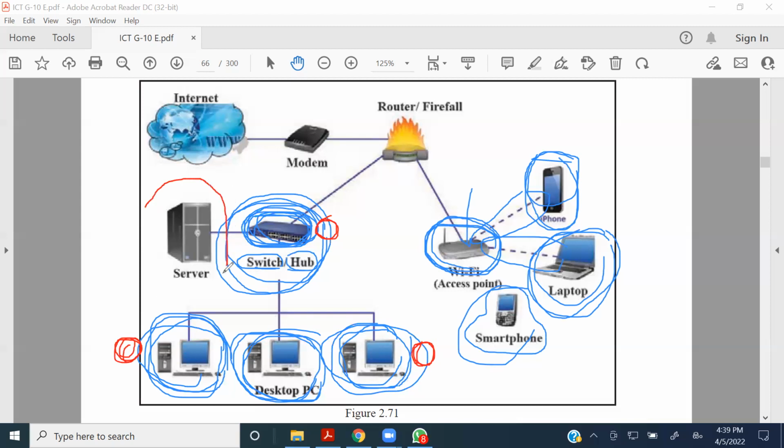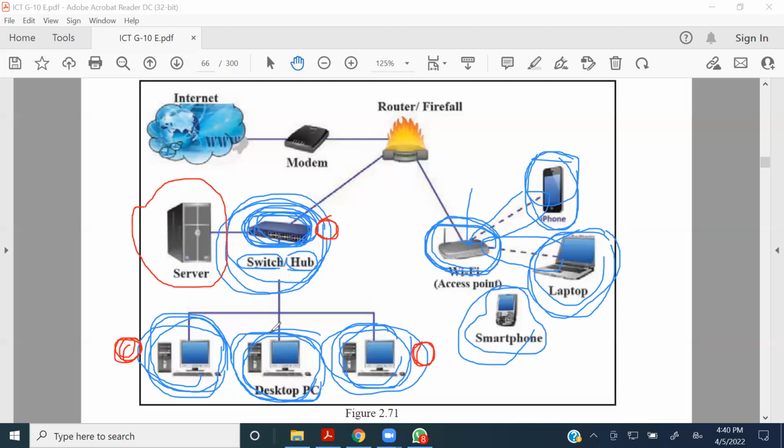And this server machine is again another computer, but it has more advanced performance compared to a normal desktop or a normal computer that we are using, right? A server has different processing power, larger capacities, a larger amount of memory, higher performing processors, right?